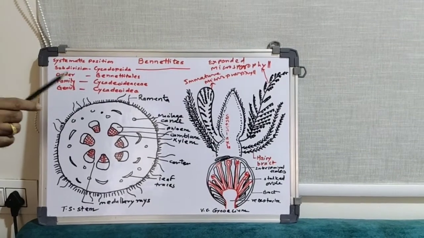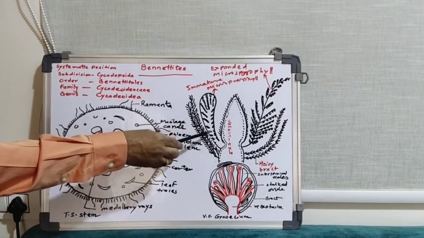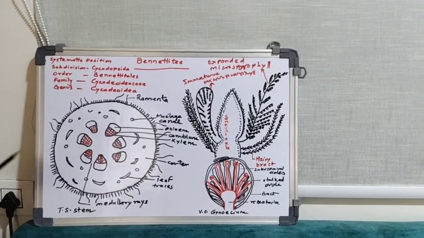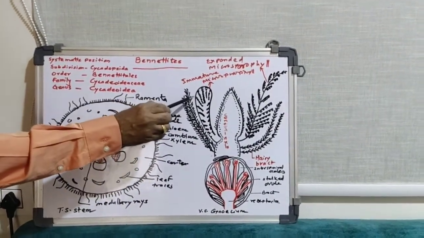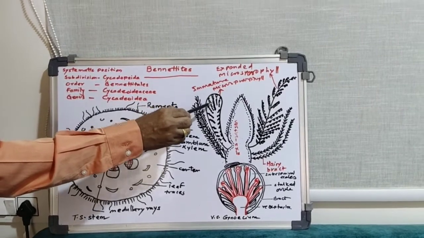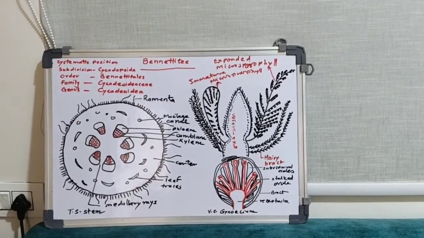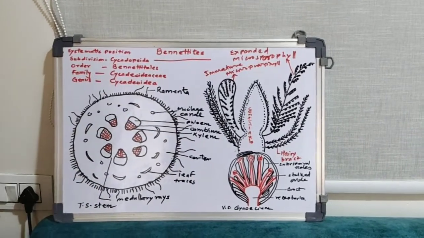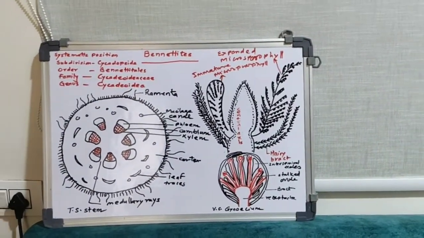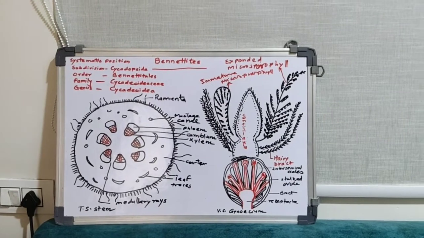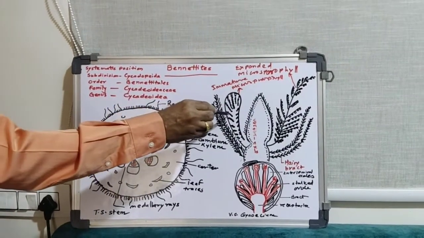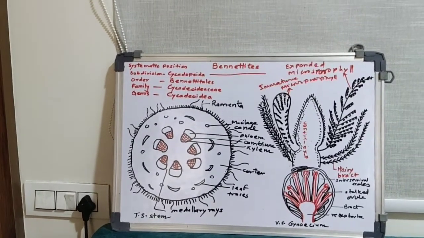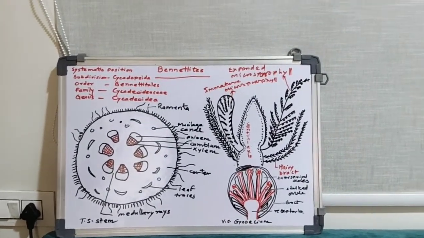The microsporophylls were made up of the rachis, and there were microsporangia, present in two rows, and inside the microsporangia there were microspores.